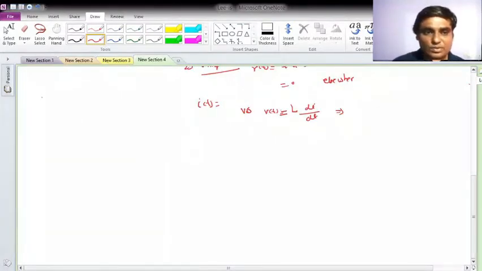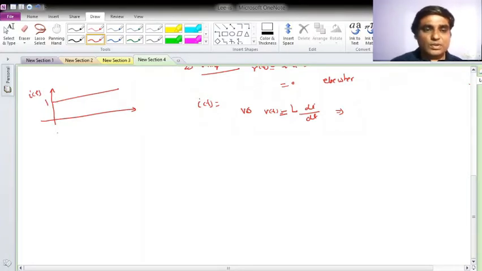Here I will draw it. Suppose I give the current like this, and I would like to find out the voltage across it. It will be all 0 except at t equal to 0, where there is a discontinuity, right? Such a signal is called a delta function.